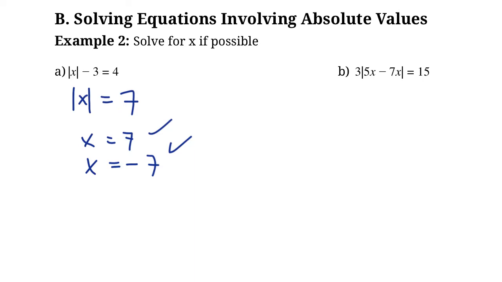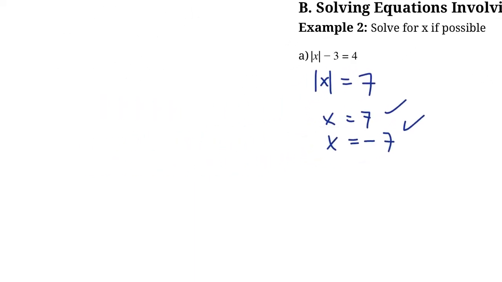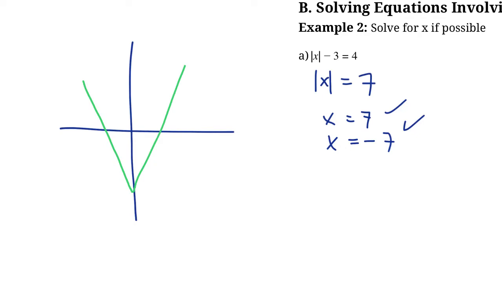Now, if you want to see what's happening graphically, I think this is a good way to illustrate it. We can just draw a quick sketch of the graph. So let's just do the left side and right side like we usually do. What's happening on the left side? Absolute value of x minus 3. Well, that's just your regular absolute value function, but shifted down by 3, right? So it's going to end up down here at 3. And this is going to be the absolute value of x minus 3. And it's asking, where does that intersect with the line 4? So this is up here at 4.